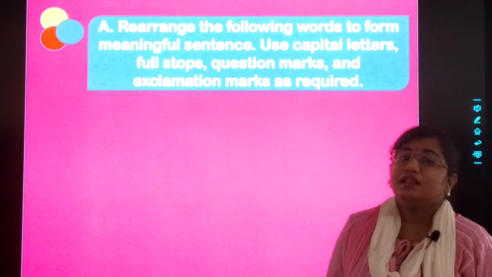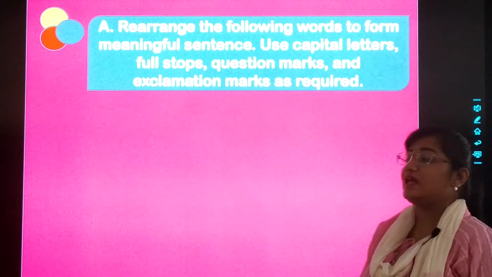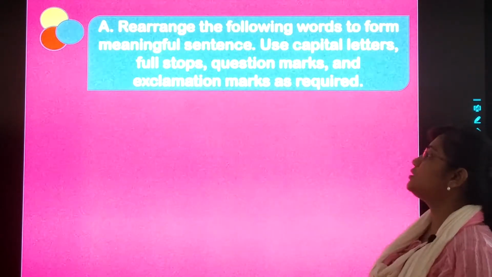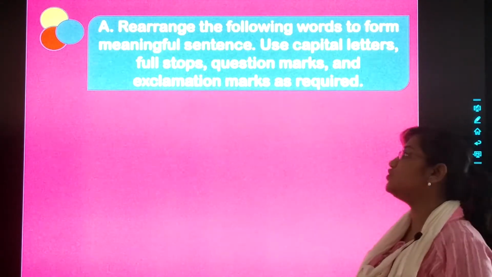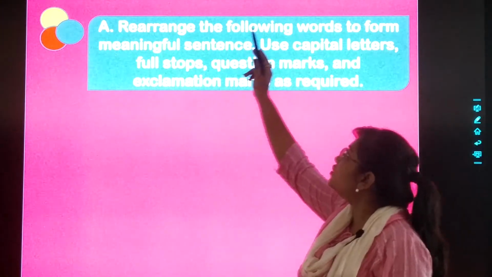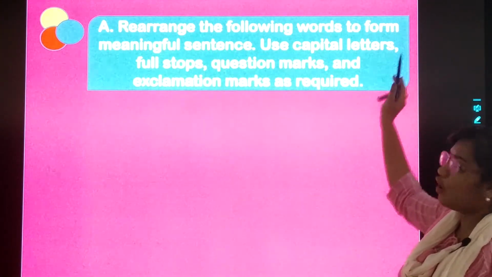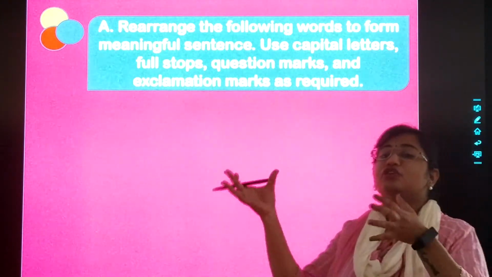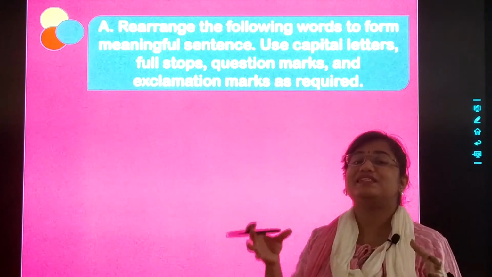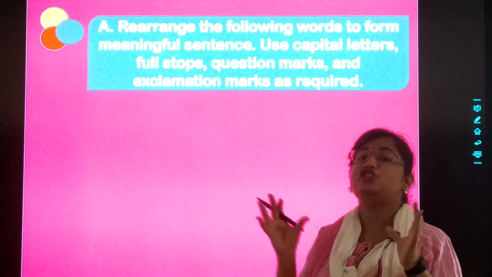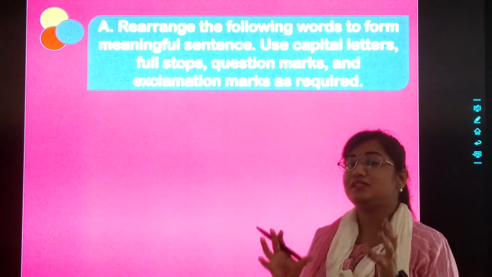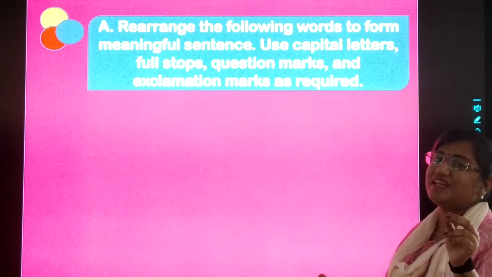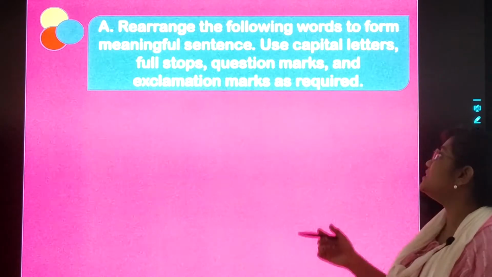Now, let us do our practice exercise. Question A. In your textbook, on the very next page, we have: rearrange the following words to form meaningful sentences. The group of words in the sentence will be jumbled in your textbook. You need to rearrange it to make it a complete sense.